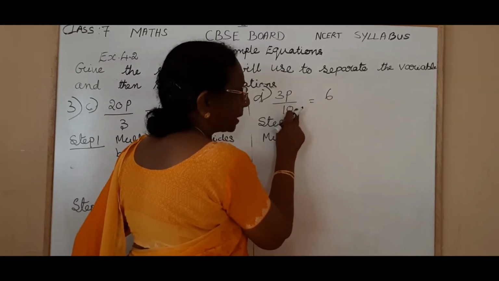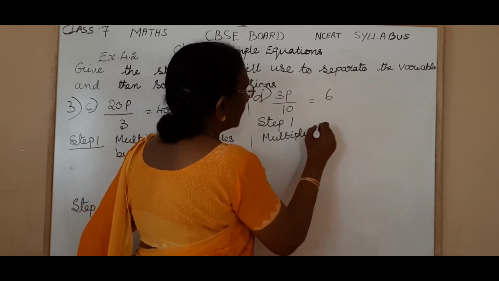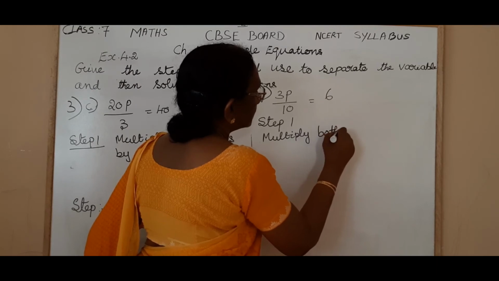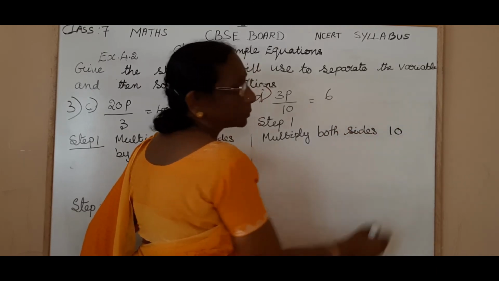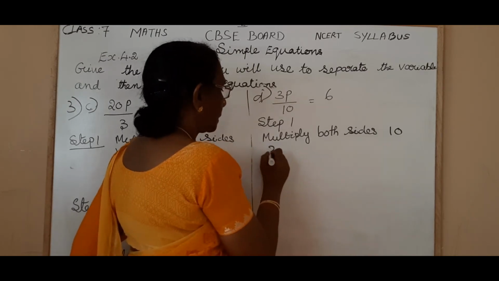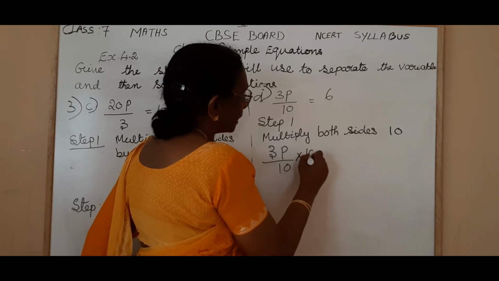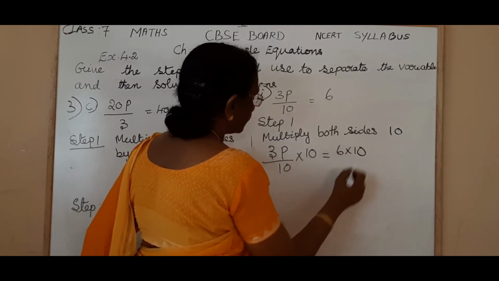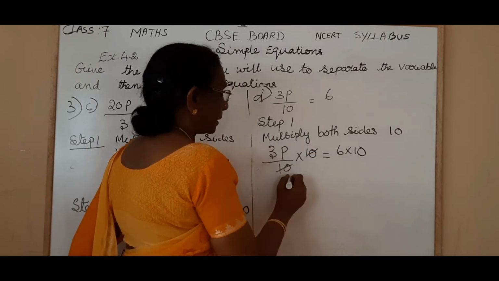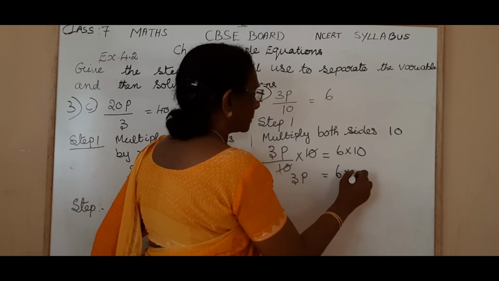First 10 should be eliminated, then 3. Multiply both sides by what number? 10. So 3p by 10 into 10 is equal to 6 into 10. 10 and 10 cancelled. So you get 3p is equal to 6 into 10.